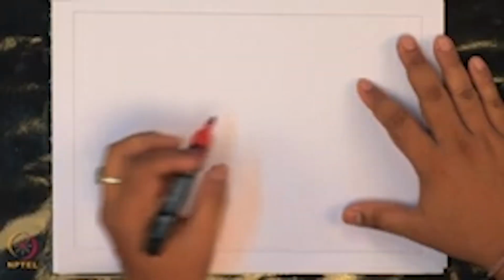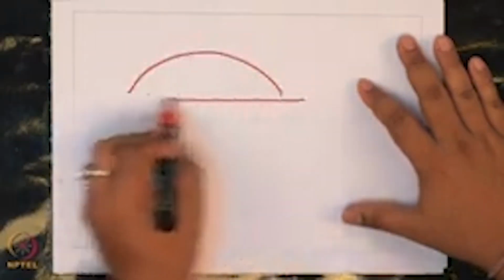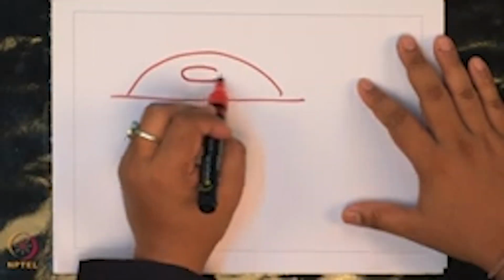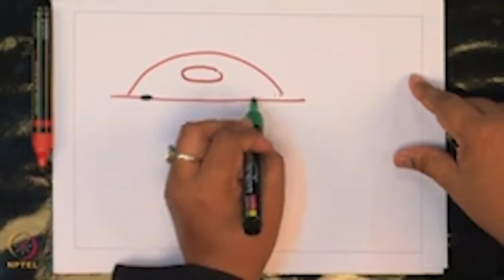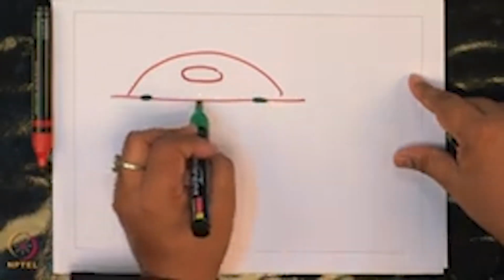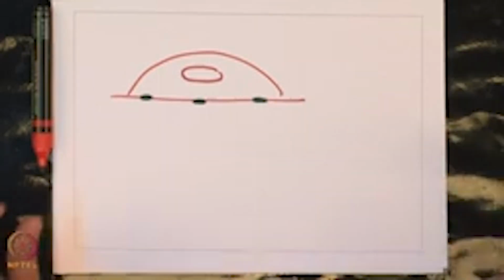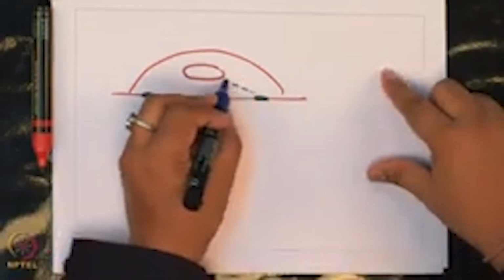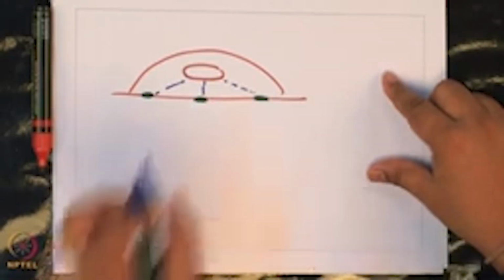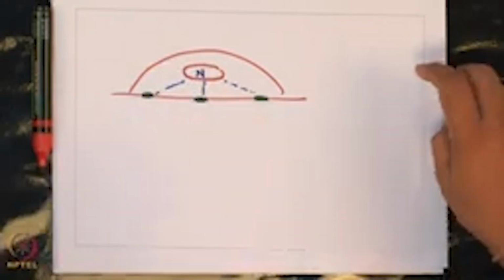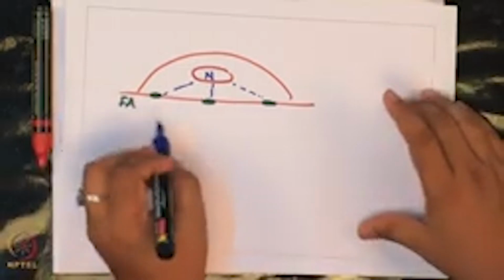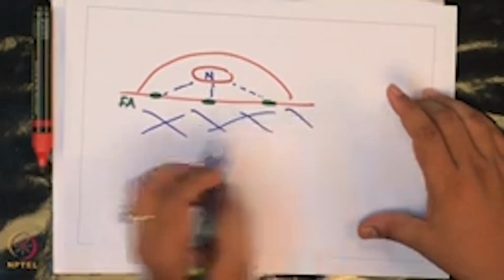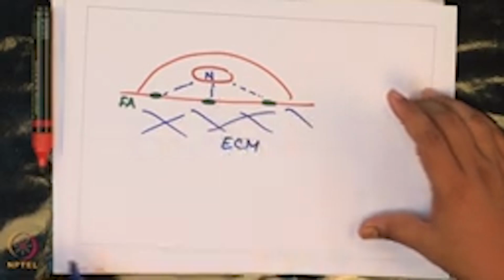So, now we know that for adherent cells, so if I draw the cell, and you have these. Okay, so, this is your nucleus, this is your focal adhesion, this is FA, and outside you have the extracellular matrix.